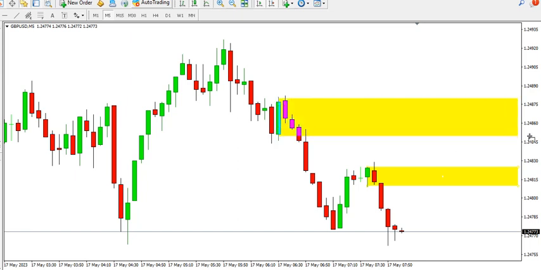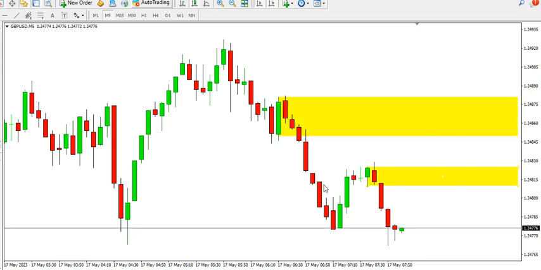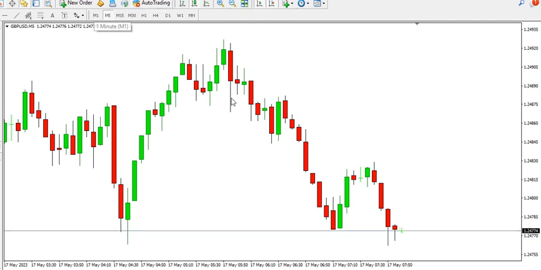But that's not a possibility for now. We expect price to continue to move downwards. The sellers are in charge of the market. We have more red candles coming in.